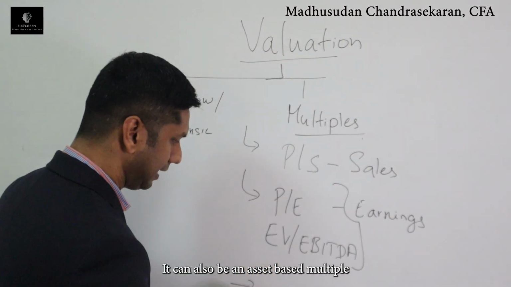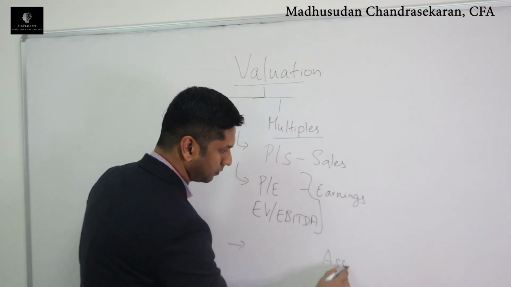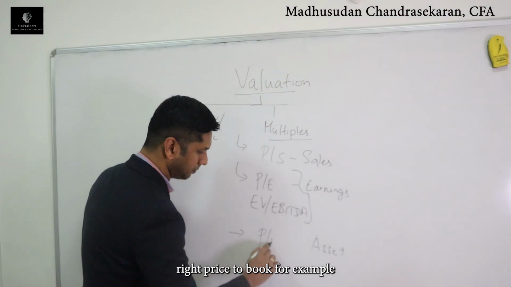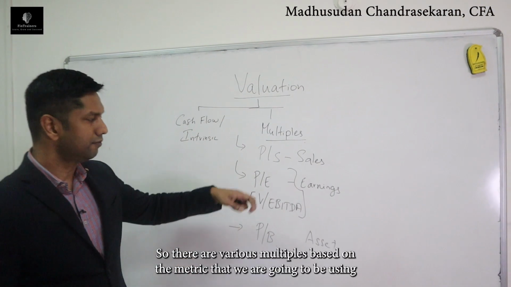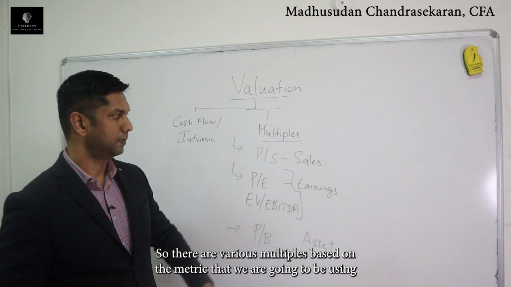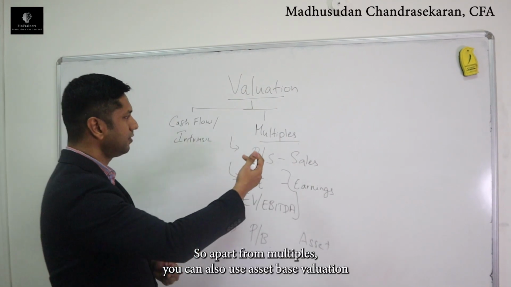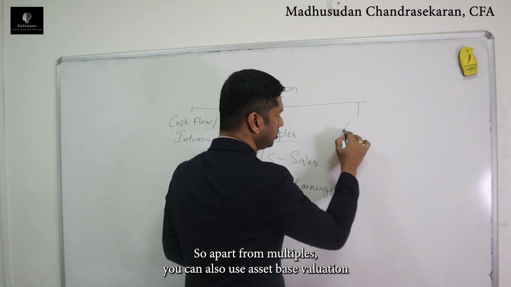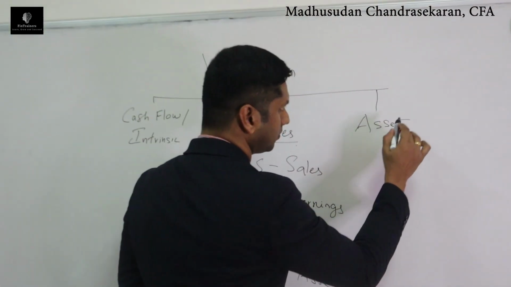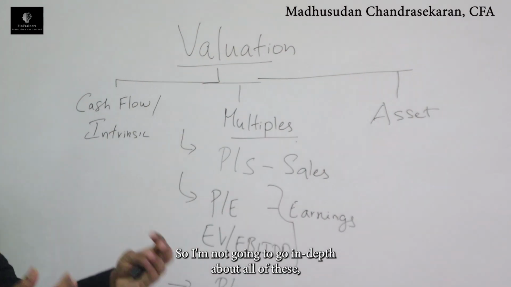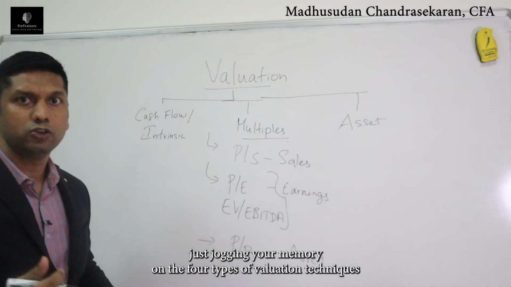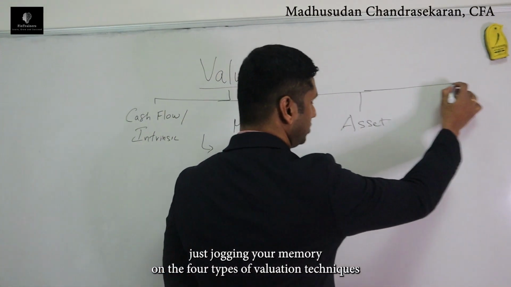It can also be an asset-based multiple, right? Price to book, for example. So there are various multiples based on the metric that we are going to be using. So apart from multiples, you can also use asset-based valuation. I'm not going to go in depth about all of these, just jogging your memory on the 4 types of valuation techniques.